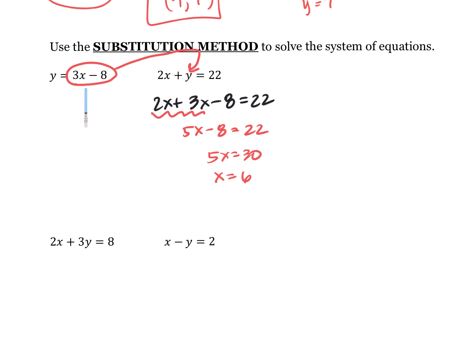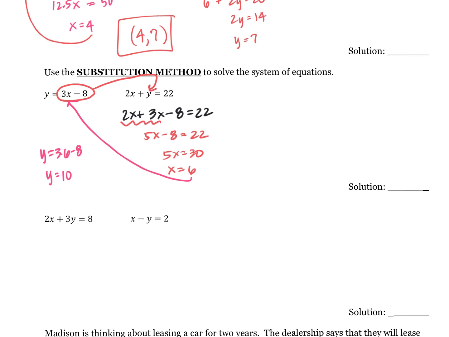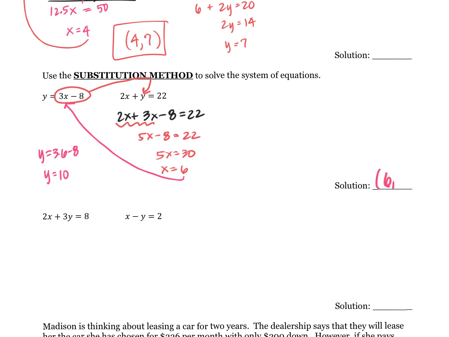Where the y is already by itself, right? Again, we can plug it into the other one. It's just going to take an extra step. So my y would equal 3 times 6 minus 8. Final answer? Great. The point where these intersect is what? 6, 10. Done.